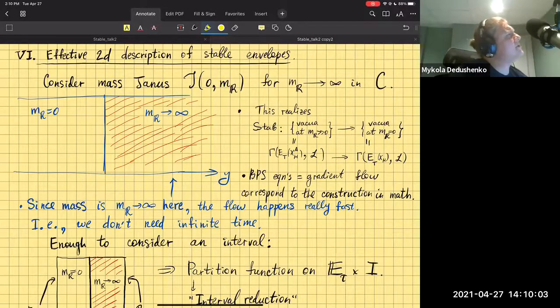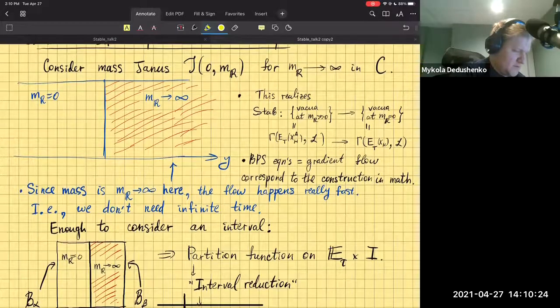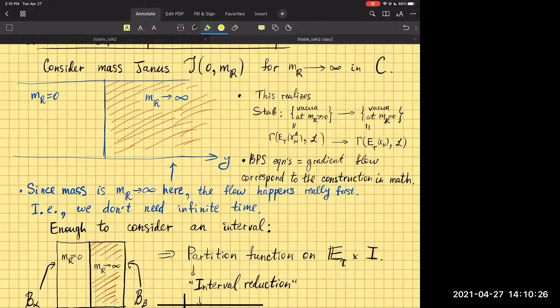Well, I don't want to overstate, but it probably can be proved in some sense, based on the list of characterizing properties of stable envelopes. Yeah, as soon as you know it's a section of the right bundle, then you're done, right? I mean, what's the definition?